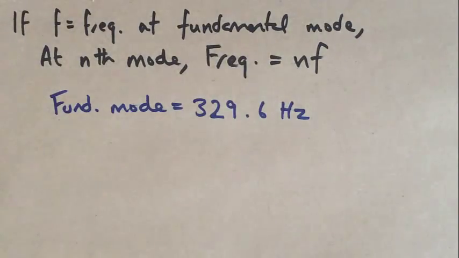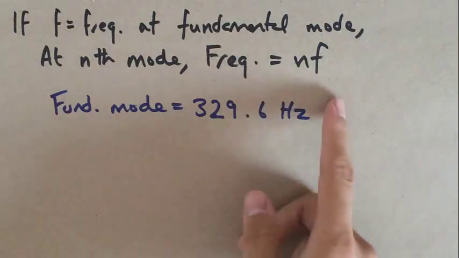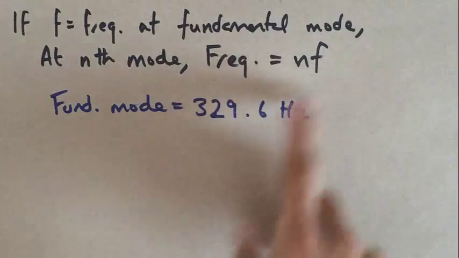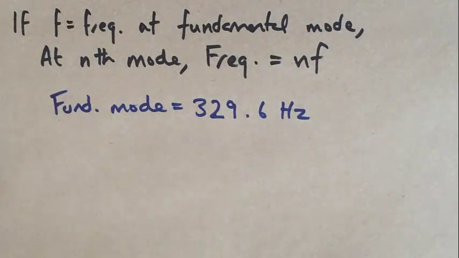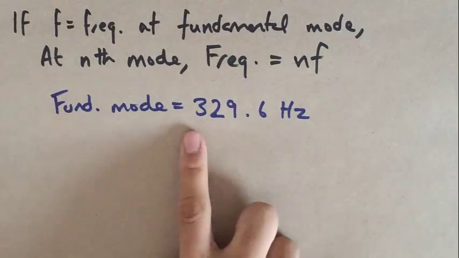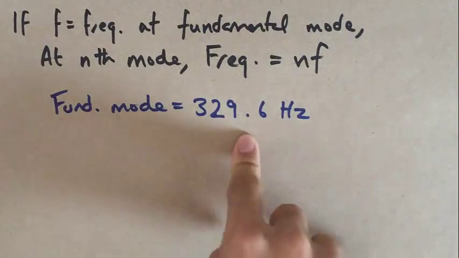So this gives us a statement from what we experimented with: if the frequency of the fundamental mode is F, then on the nth mode, the second, third, fourth, etc., the frequency will be a multiple of the original frequency of the fundamental mode. For our example, we use the open first string, the highest note, the highest string, and the fundamental mode is 329.6 Hertz.